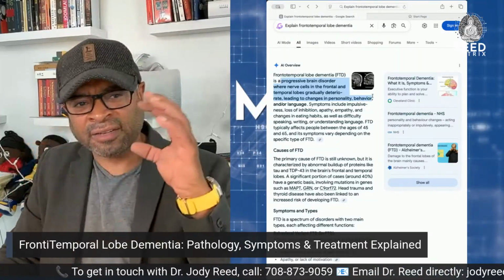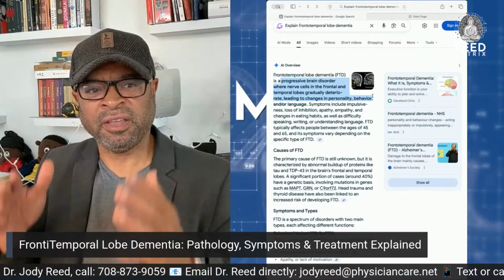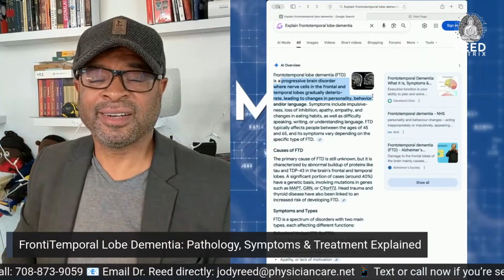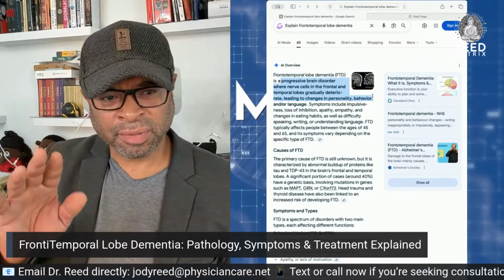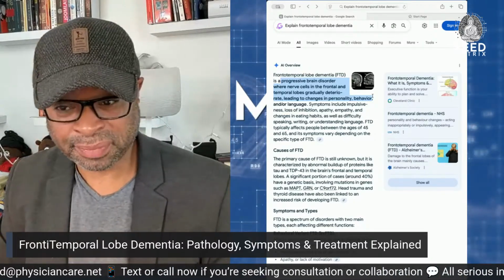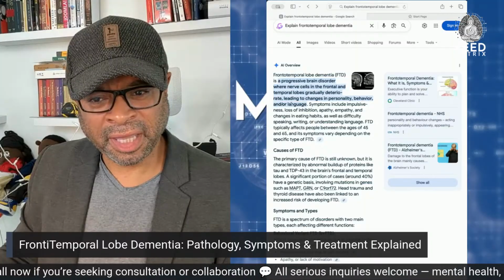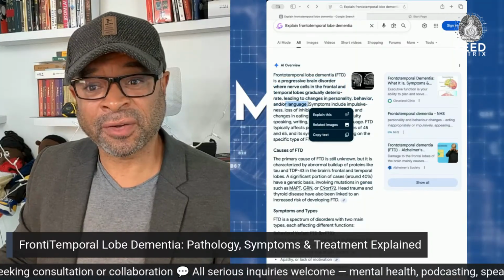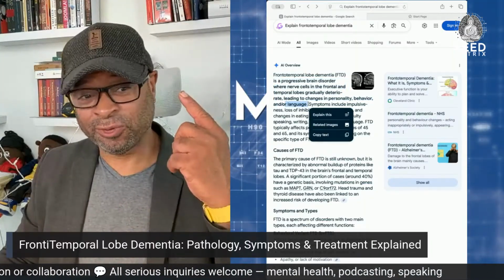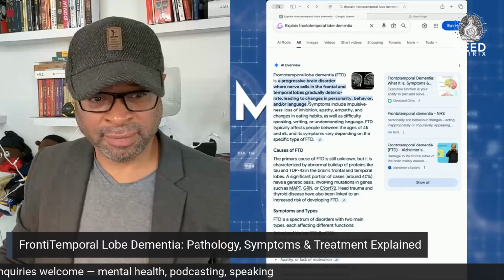Remember, you need to activate that frontal lobe in order to shut down all of this unnecessary behavior and be still, right? So unpredictable behavior, impulsive behaviors, inability to restrain your impulses, and language, because remember, Broca's area is over there in the temporal lobe too. So damage to the temporal lobe can cause problems in that Broca's area.